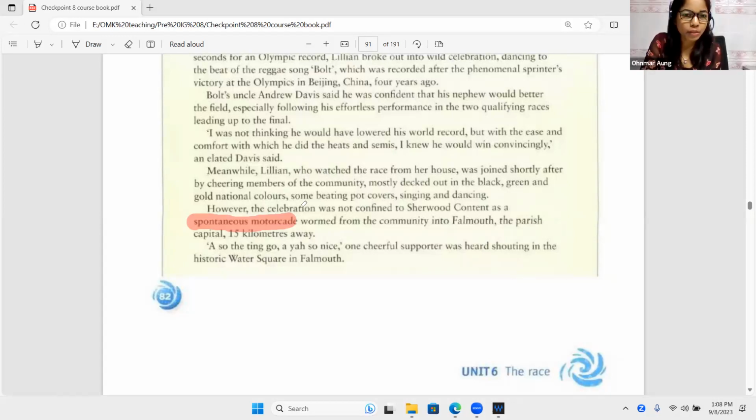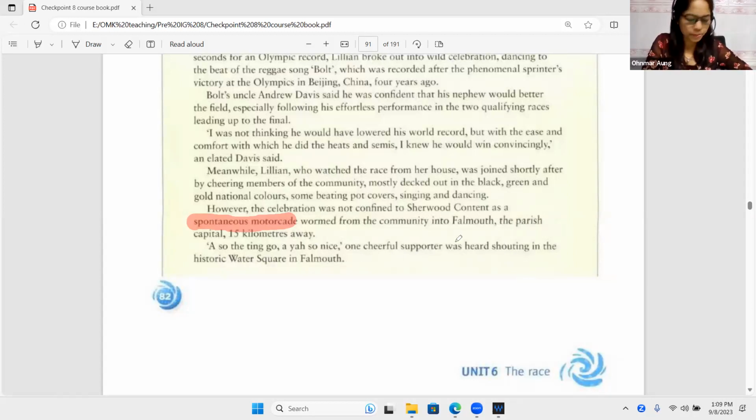Parish capital, 15 kilometers away. One cheerful supporter. Also, the team. One cheerful supporters were hard shouting in the historic water square in Vermont.